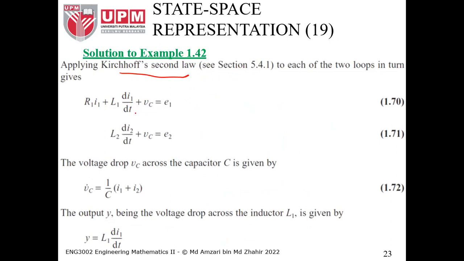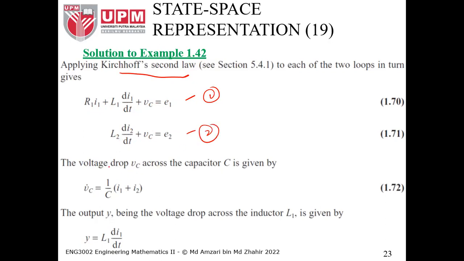The first equation is R1 I1 plus L1 dI1/dt plus VC equals E1. This is your first equation. The second equation is L2 dI2/dt plus VC equals E2.